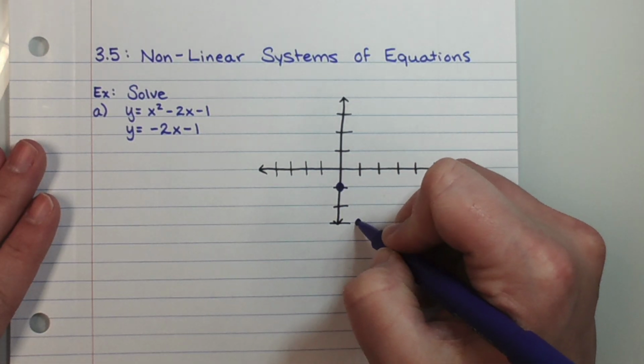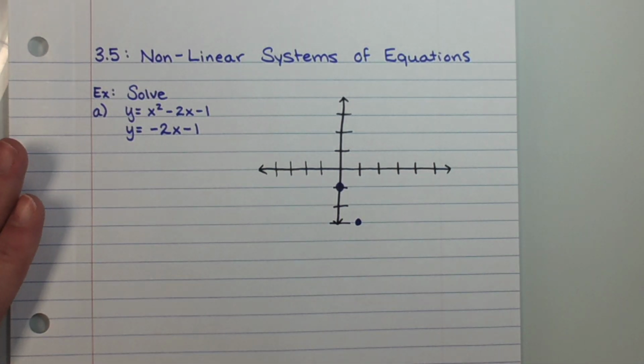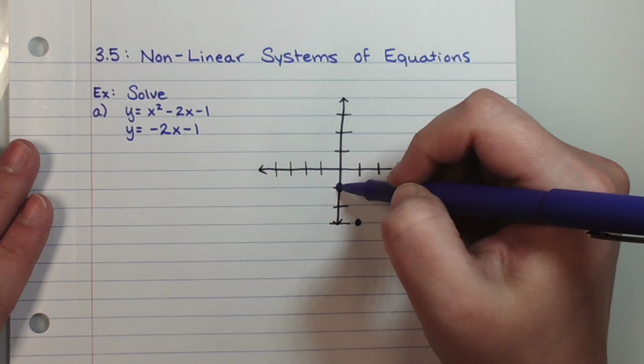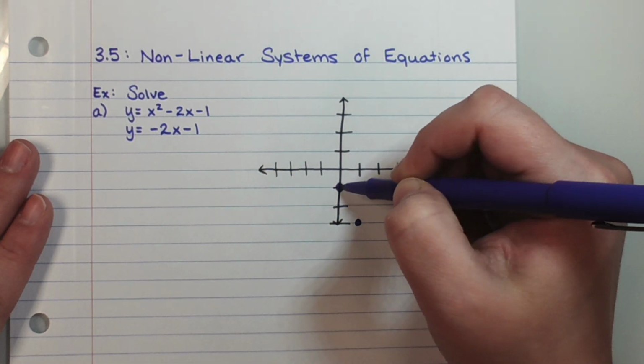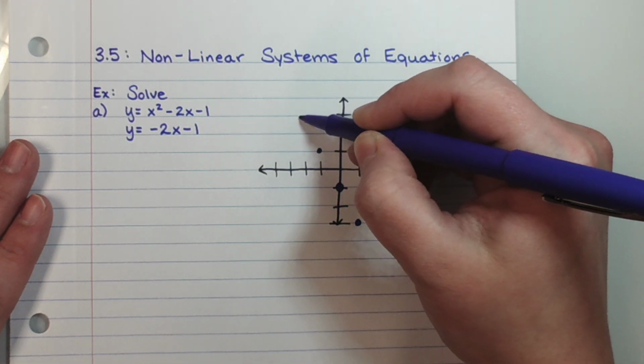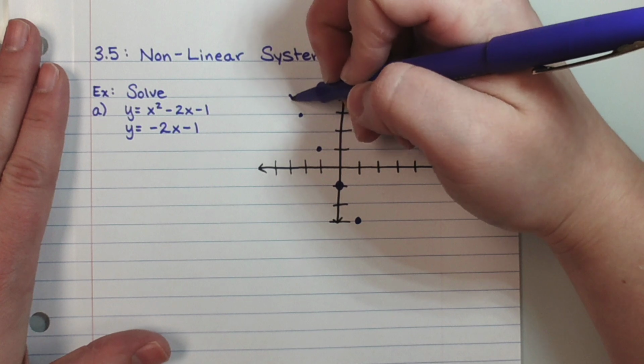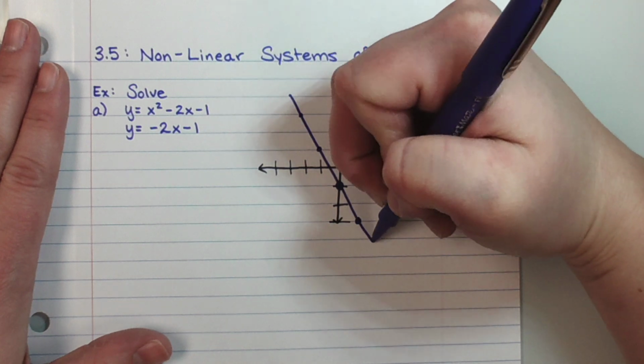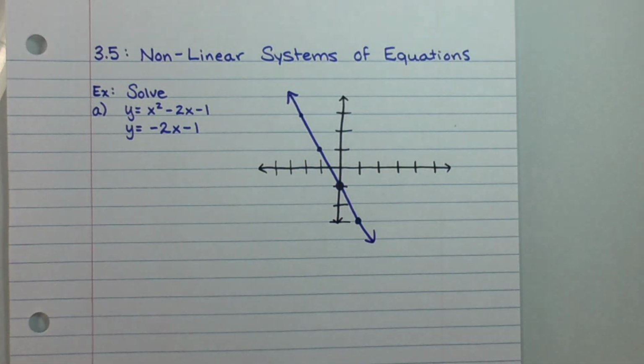Okay, so I would go here. Unfortunately, I've run out of room on my graph, so then I do the opposite. The opposite of going down 2 and right 1 is going up 2 and left 1. Ta-da! There's the second equation graphed.